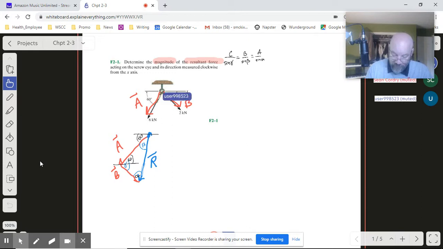Vector alpha is 45 degrees down from the horizontal, which means that this angle right here is 45 degrees. And so you can see that gamma turns out to be the 60-degree angle plus that 45 degrees, which is 105.